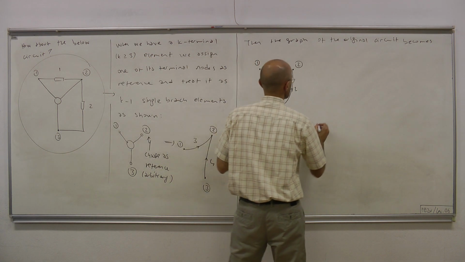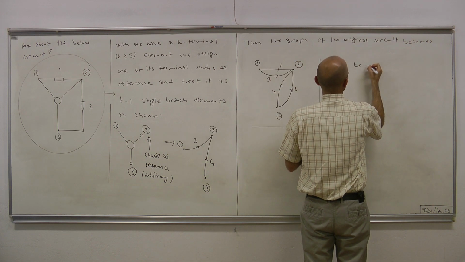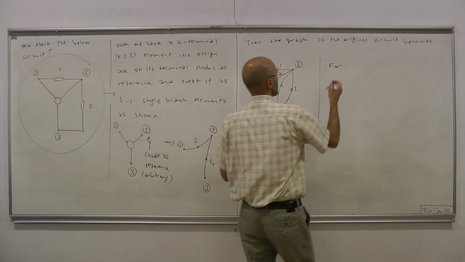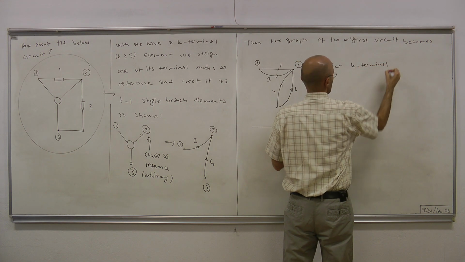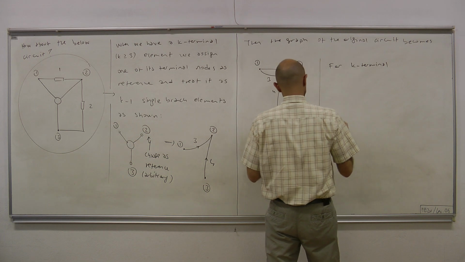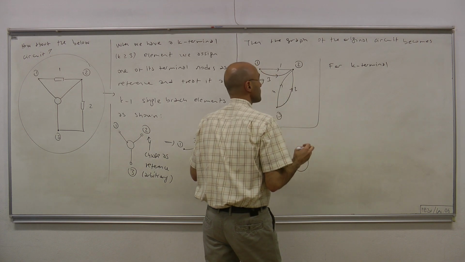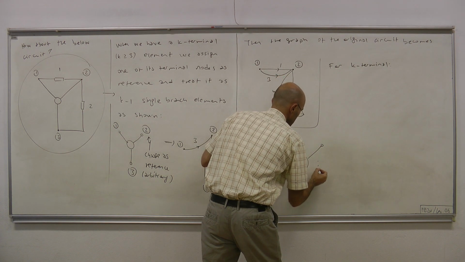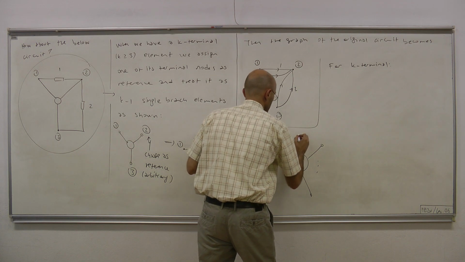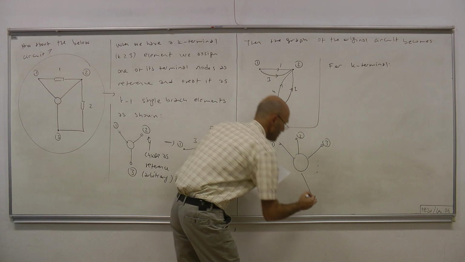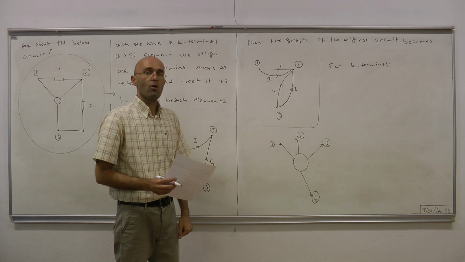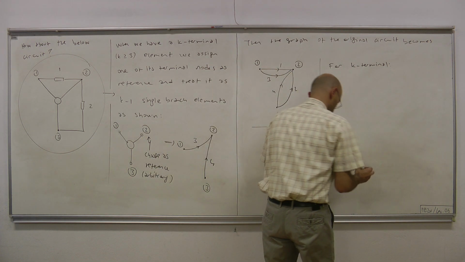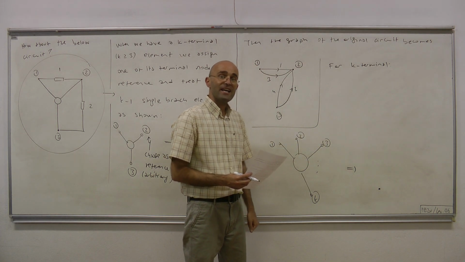And for a K terminal component, suppose that this is our K terminal component, and in its graph representation, it can be represented as follows: choose one of those K nodes as reference.